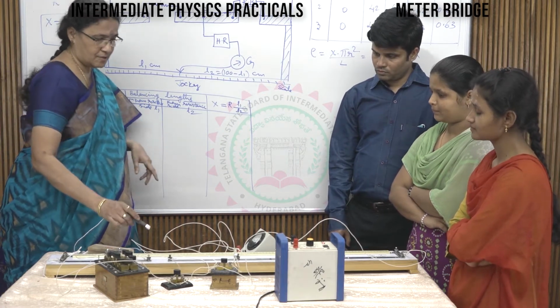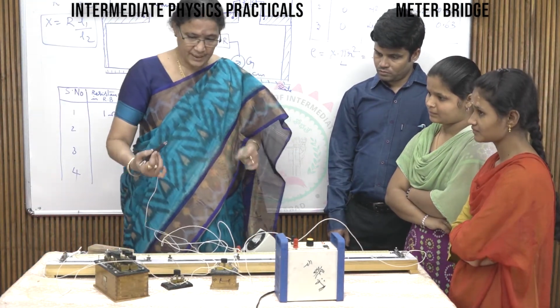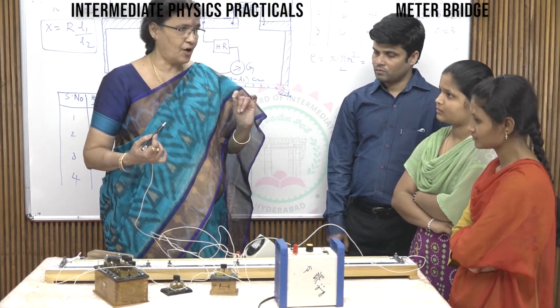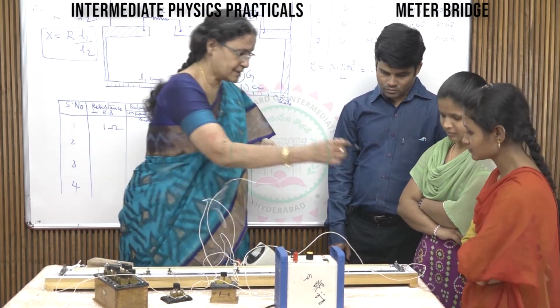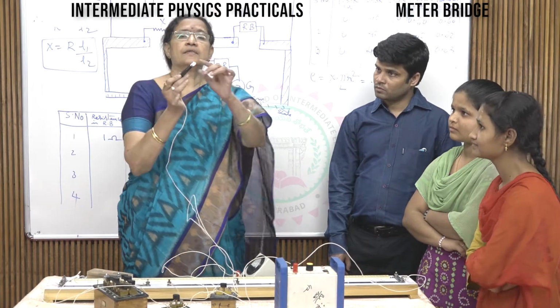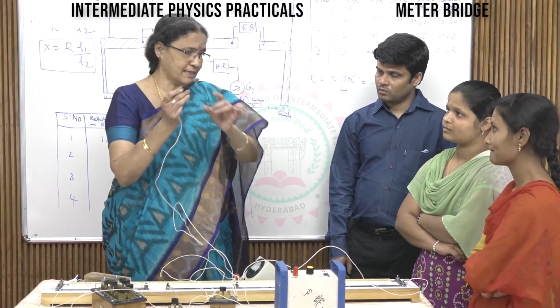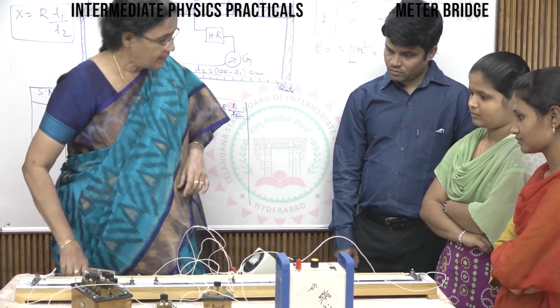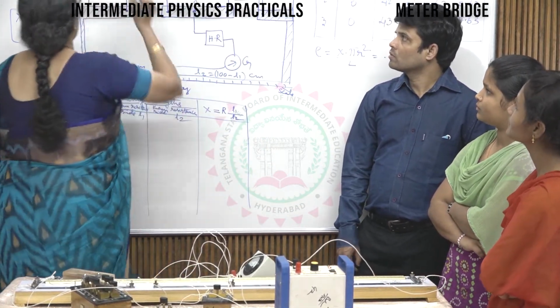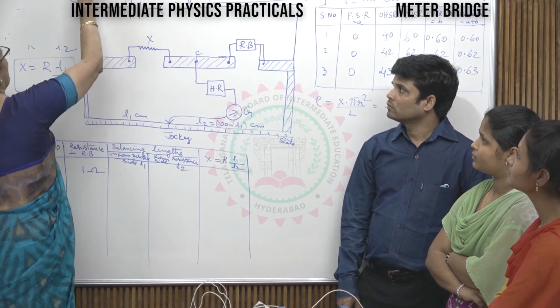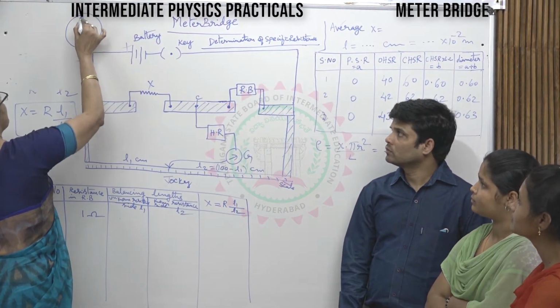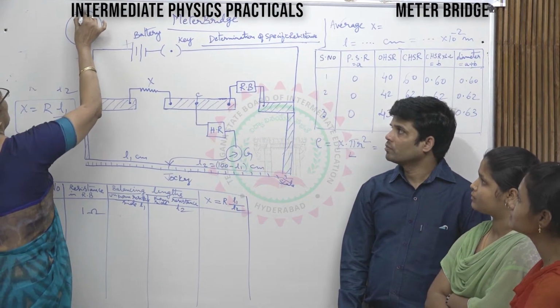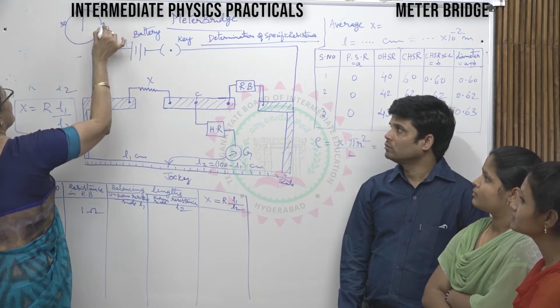Now, to check whether your connections are correct or not, what you have to do is, this is called a jockey. This is the metal contact. You just press on one end of the meter bridge wire. Now, when you press at one end, you have the galvanometer like this, 0, 30 or 20, whatever it is.